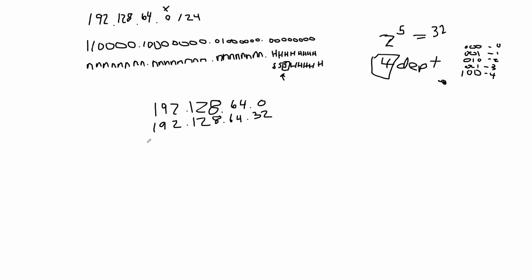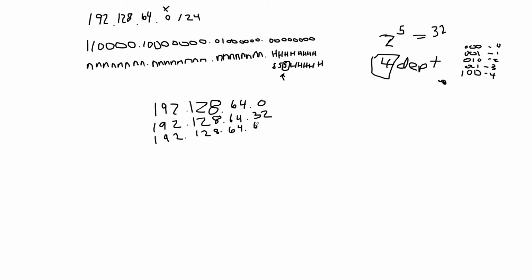Okay. The network after that. We just add 32 to it because that's the multiple. They call that the magic number.